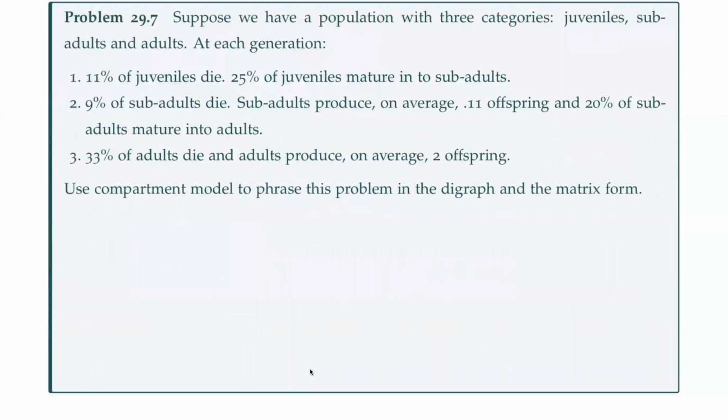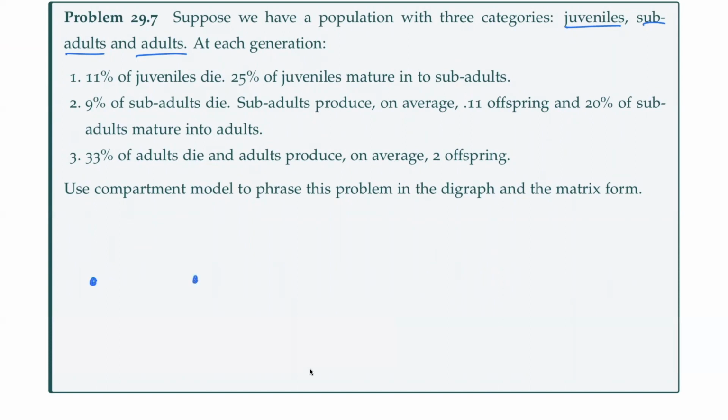Okay, one last example here just to make sure this is clear. We've met these types of models before where we have different age categories. Here we've got juveniles, sub-adults, and adults. And then we're told some information about each of these populations: when they're dying, how they're maturing, and the types of offspring that are produced. So we want to, again, put this word problem into a digraph and into a matrix.